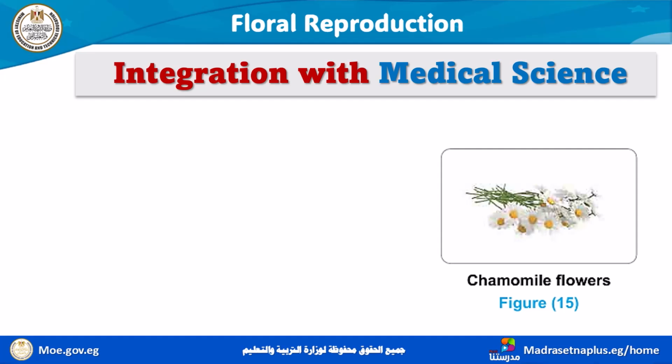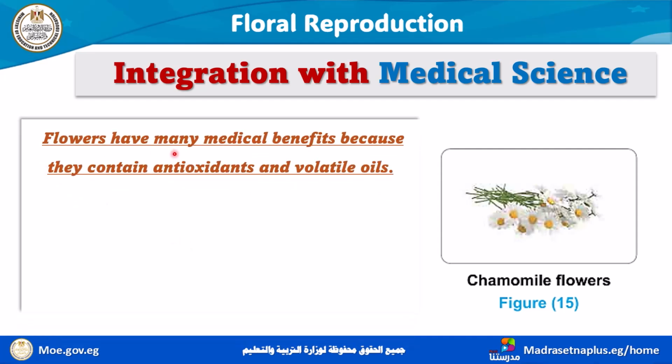In this part of our session, we are going to learn how flowers and the science of flowers can be integrated with the medical science. Flowers have many medical benefits because they contain antioxidants and volatile oils.